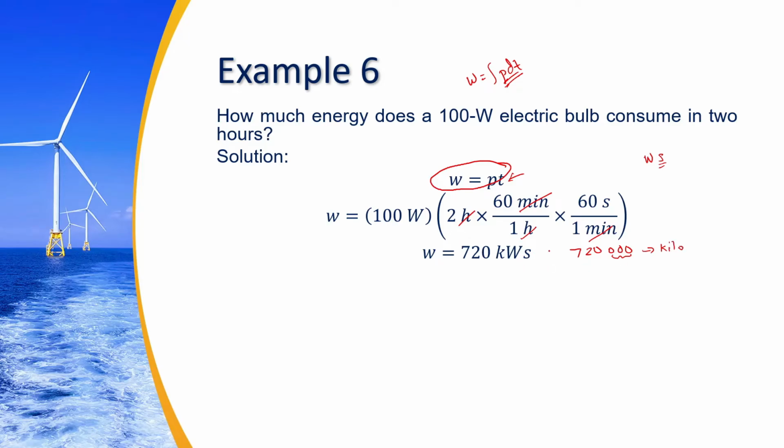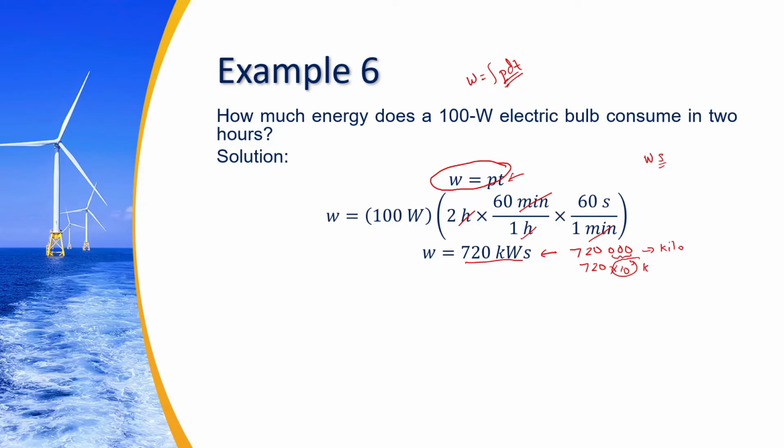Kaya siya nag-come up sa ganitong sagot. Pwede natin siyang masabi na 720 times 10 raised to 3, or itong 10 raised to 3 ay just a K. Kaya siya naging 720 kilowatt seconds.